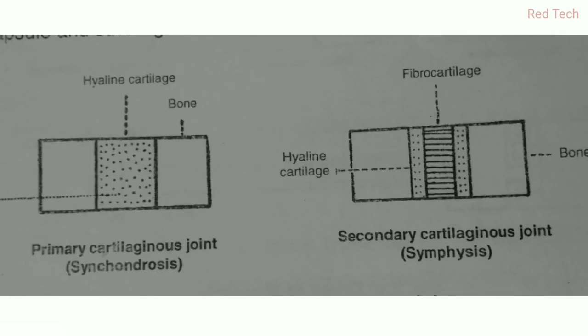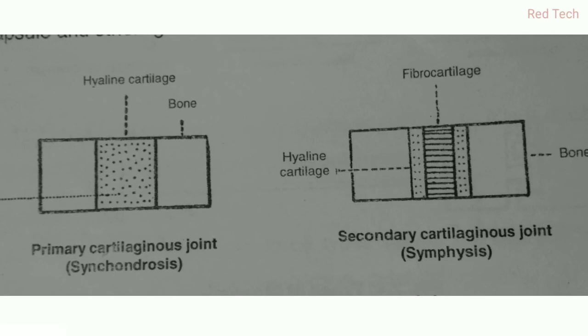Here you can see the difference between the primary and secondary cartilaginous joints. In the primary cartilaginous joint there is hyaline cartilage present, but in the secondary cartilaginous joint, hyaline cartilage and fibrocartilage are both present.